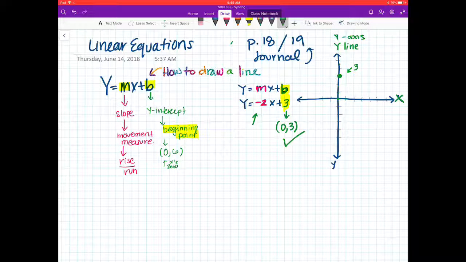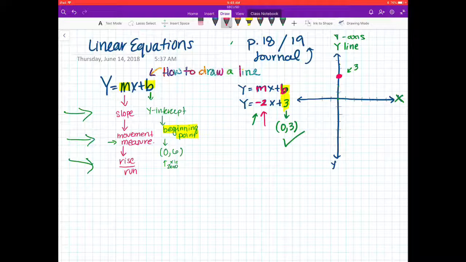Now we got to do our slope. Remember, all this is the same thing. The slope is just the steepness measure. But how does it help us to graph? Well, it tells us how to move. So from this point, from 3, from where you begin, now you're going to move.